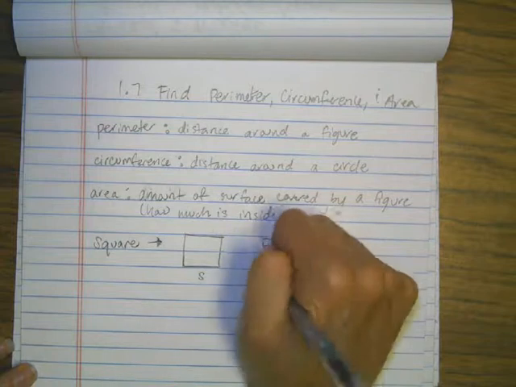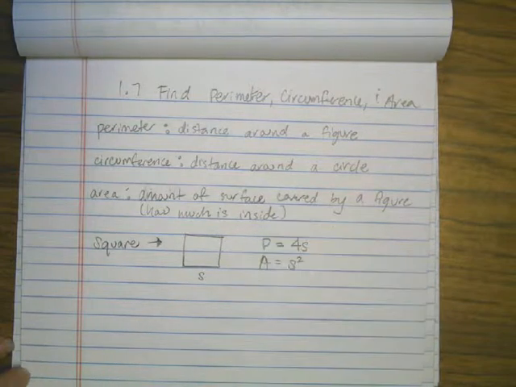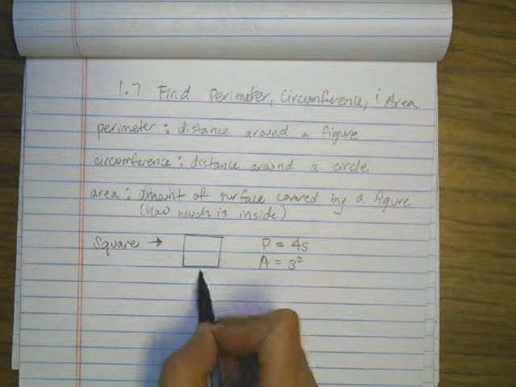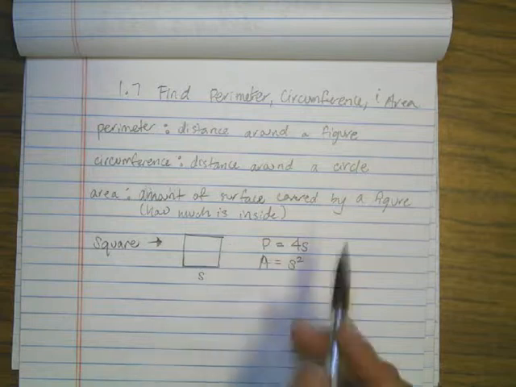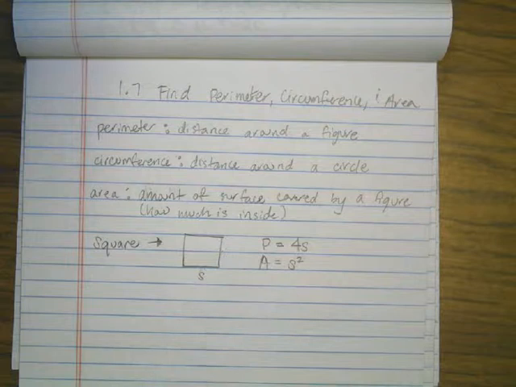And the area is S squared, because for any sort of rectangle, it would be side length times width, or side times the side. And so since the 2 S's are the same, S times S is S squared.